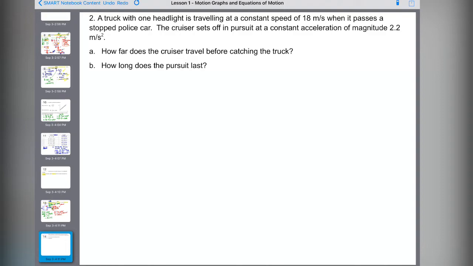Okay, last example of today's lesson. A truck with one headlight is traveling at a constant speed of 18 meters per second when it's passed by a stopped police car. The cruiser sets off in pursuit at a constant acceleration of 2.2 meters per second squared.